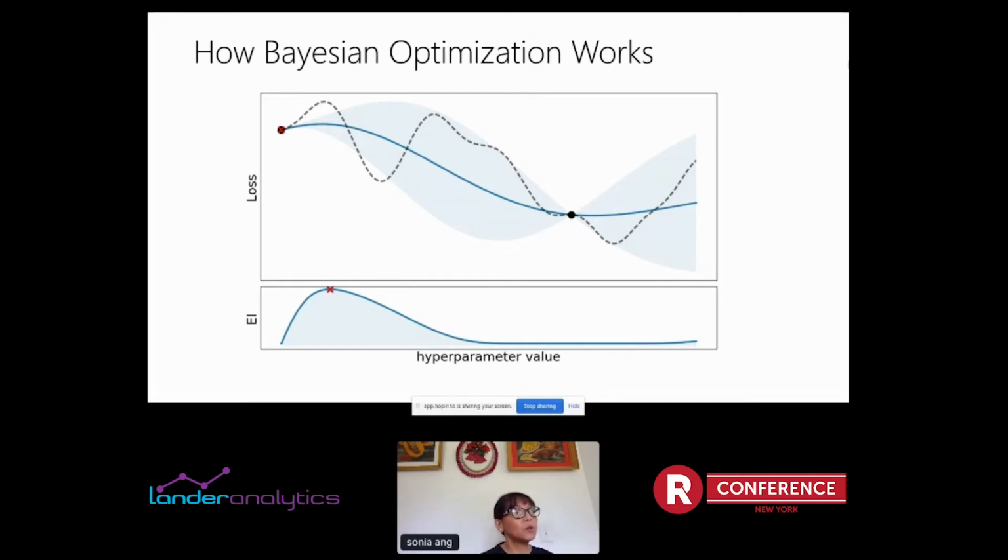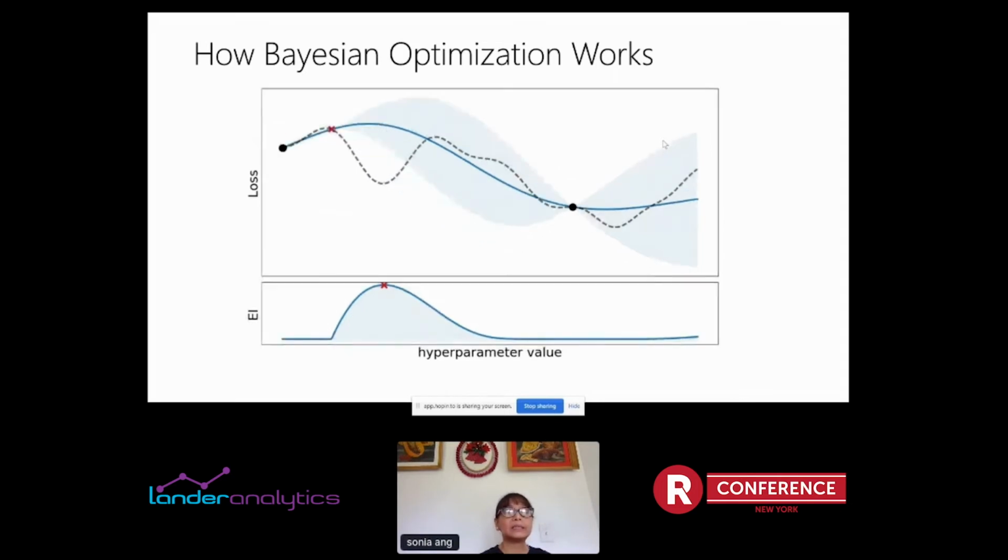The next hyperparameter of choice is where this acquisition function is maximized, right down here. You see that curve with a red dot above it; that's also called the EI, or expected improvement, curve. The corresponding hyperparameter value and its objective score, represented here where the red dot is in this next slide, is the next sample point to update the surrogate model.